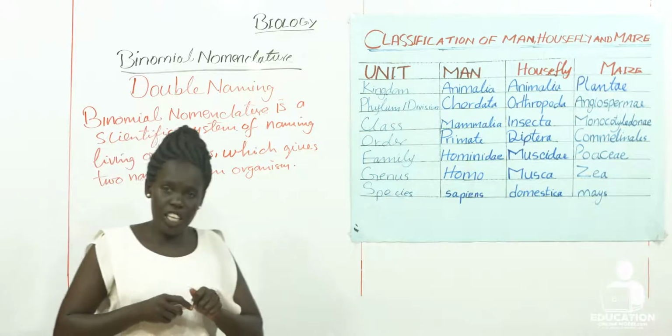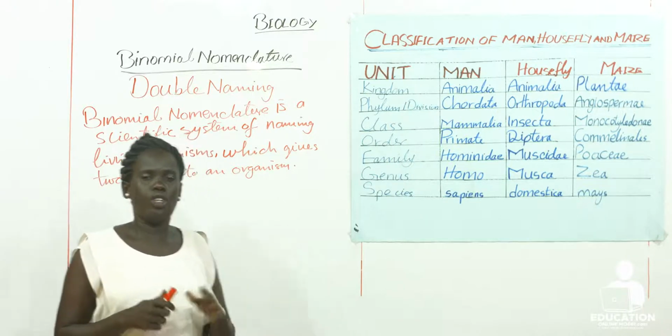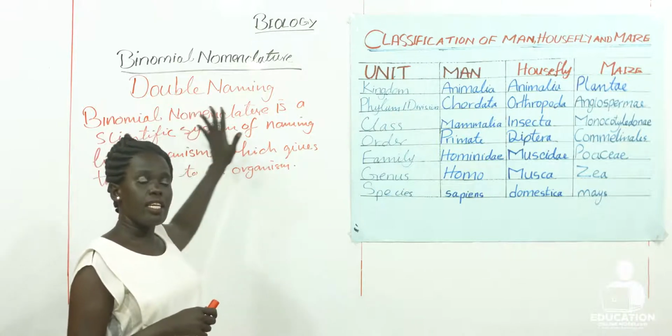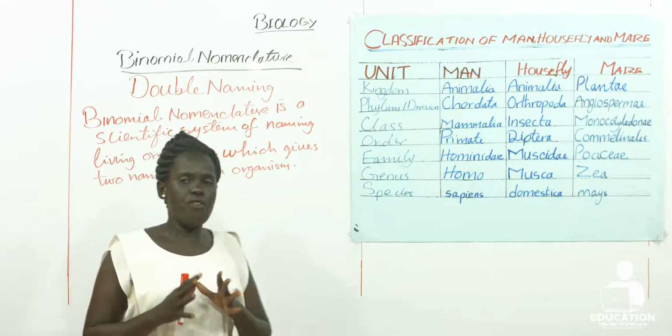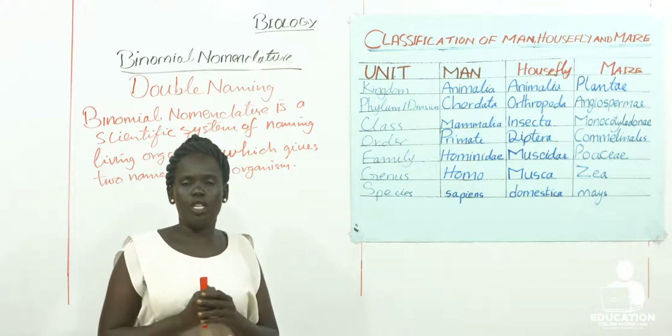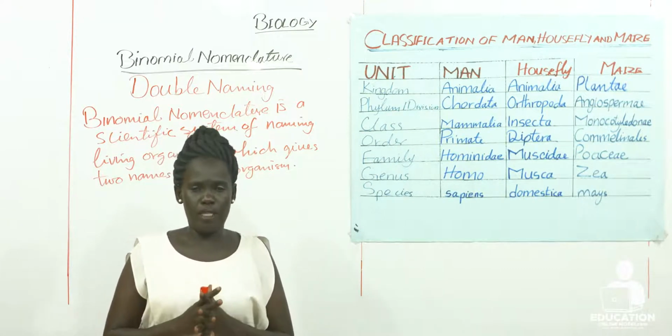Binomial nomenclature, the meaning is double naming, and this is a scientific system of naming living organisms. It gives two names to an organism.